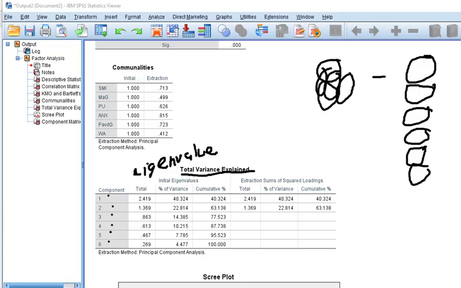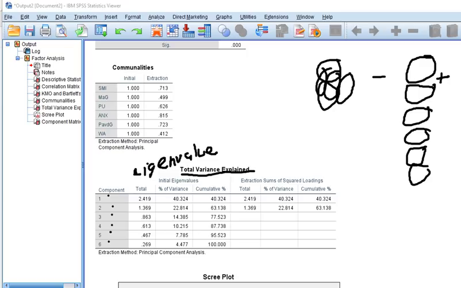So you can see right here that these eigenvalues, which are basically like variance estimates, indicate how much variation is being summarized. An eigenvalue of 2.419 means that the first component is summarizing as much variation as 2.4 of the original measured variables.